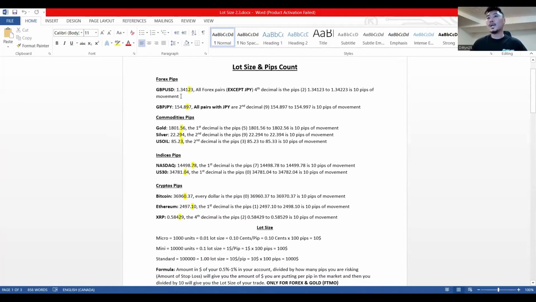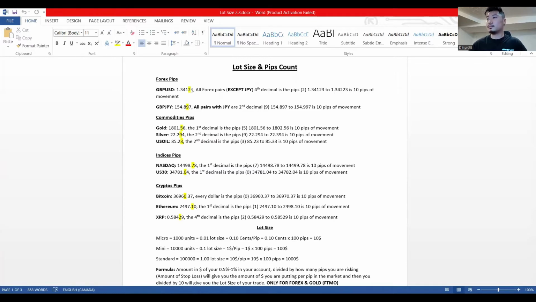So for all forex pairs, the fourth decimal is where you start calculating the pips, right? What is a pip in trading? It's a point in percentage. So when the price goes up or down, we count it in pips.